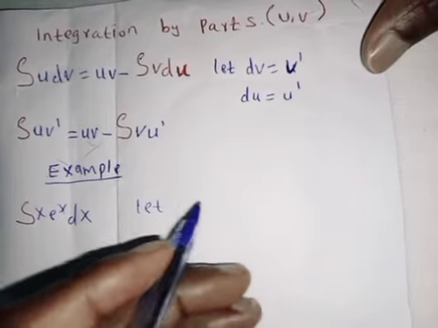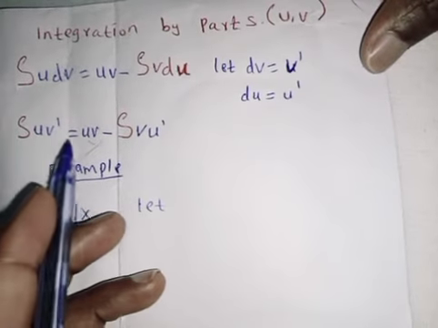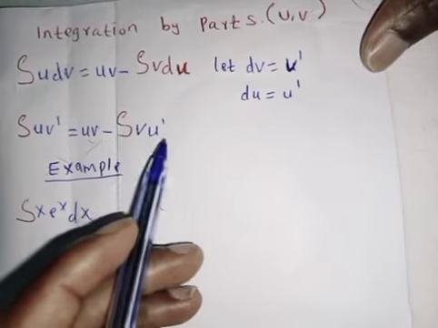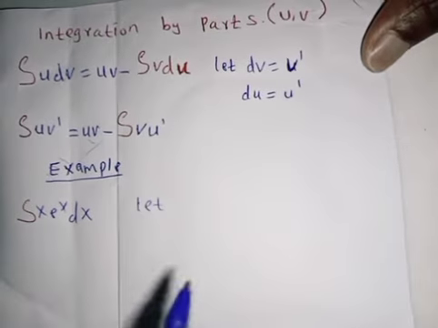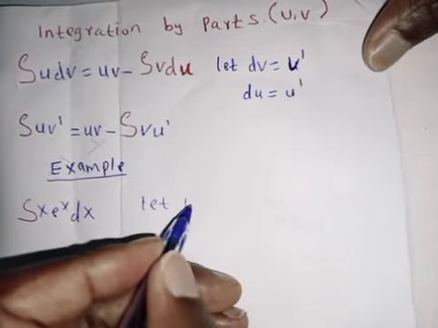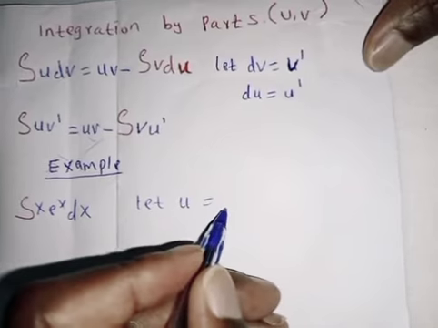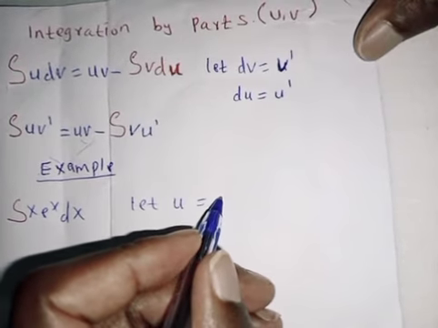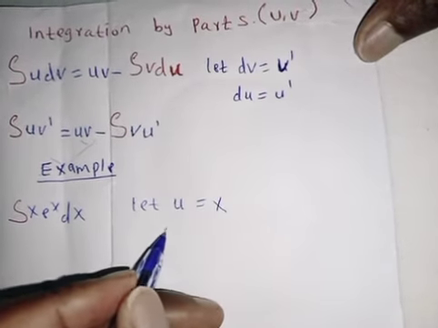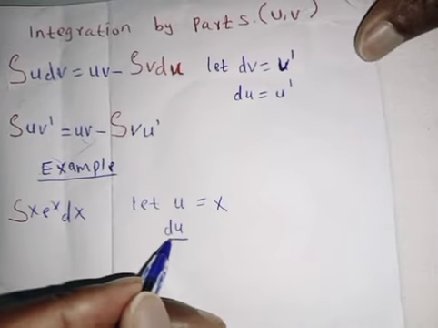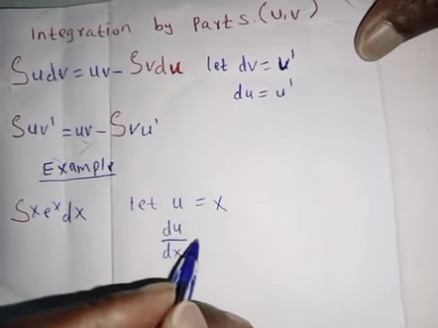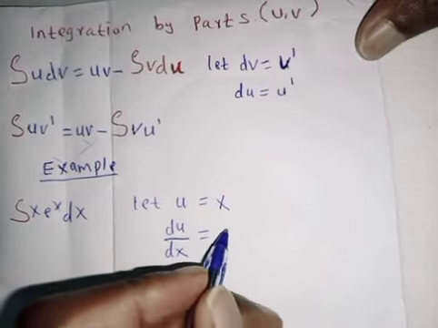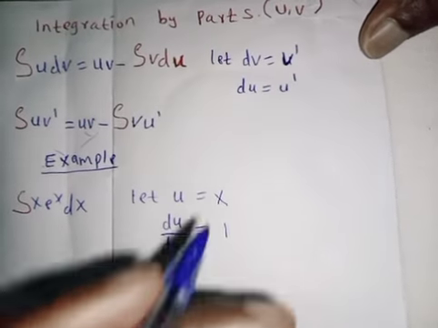What you do is start by letting your u be a function which will be easy for you to integrate in this part. So we let our u be equal to x, then du over dx will be equal to 1.